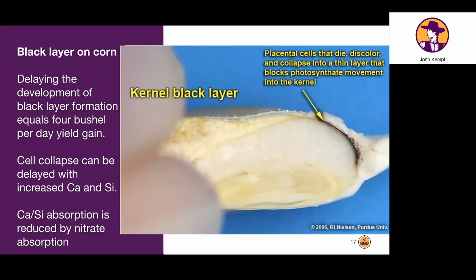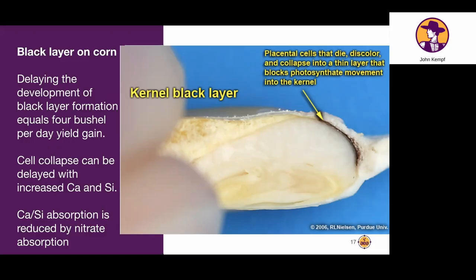But one of the triggers that McNeil and colleagues identified a decade ago was weak cell membranes. Because those cells don't have enough calcium and don't have enough silicon, you will get early collapse of those placental cells. Abundant calcium and silicon nutrition will delay the collapse of those cell membranes and delay black layer formation.